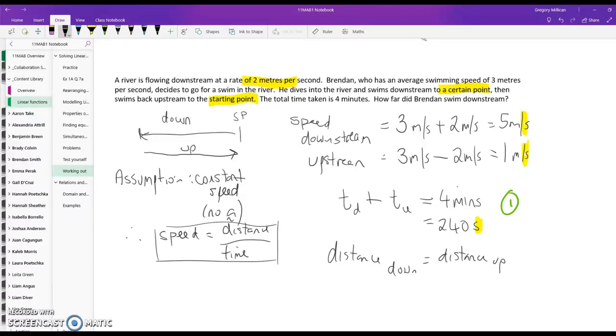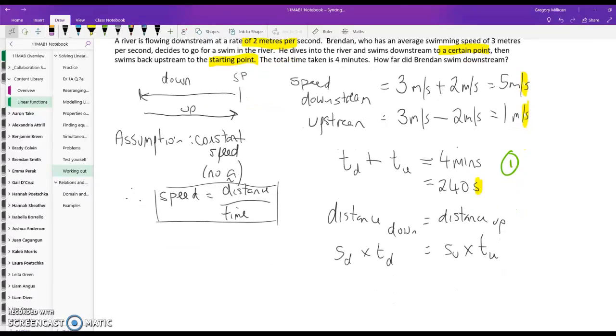So the distance down is going to be the speed downstream multiplied by the time it takes to go downstream, and the distance up will be the speed upstream multiplied by the time it takes to go upstream. And if you think about those, that is your second equation. And I'm going to stop there and let you have a think for the rest.